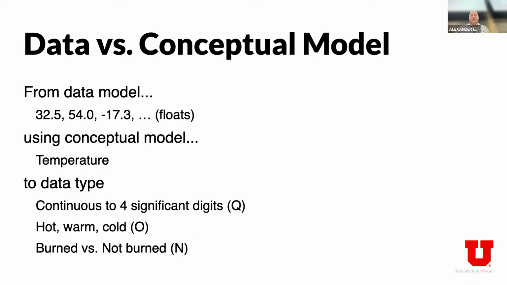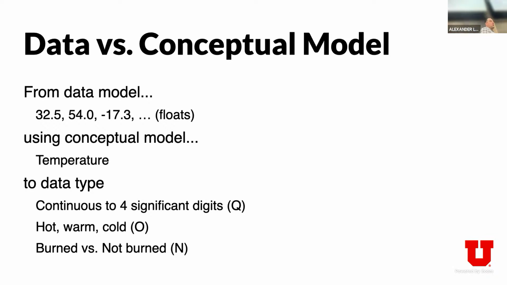So there's what the data is and what we think about it. That's very important. Just as an example to illustrate this, here we have a data model, 32.5, 54.0, minus 17.3, floats. Using a conceptual model, temperature, and using one of the data types that we define, continuous to 4 significant digits, that will be quantitative.